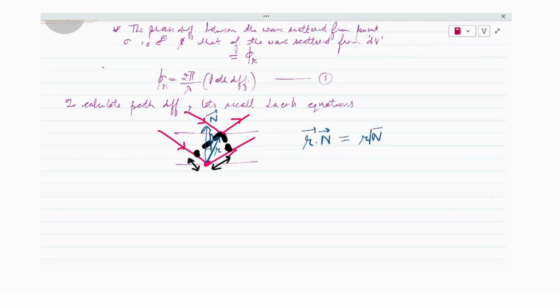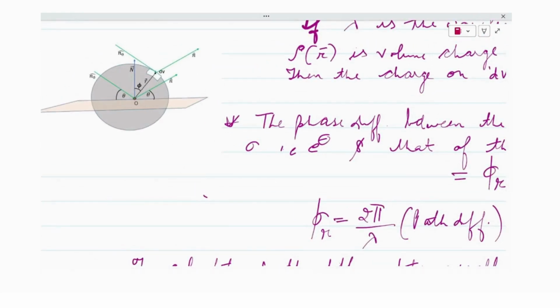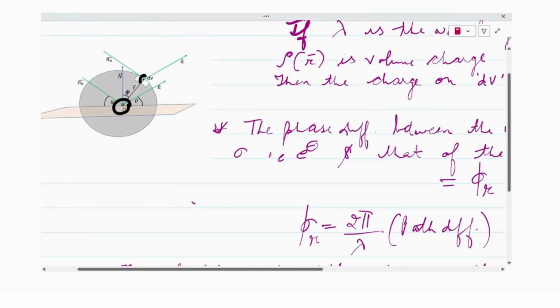So expanding the dot product, we got rn cos phi, where the magnitude of n is also calculated to be 2 sin theta.